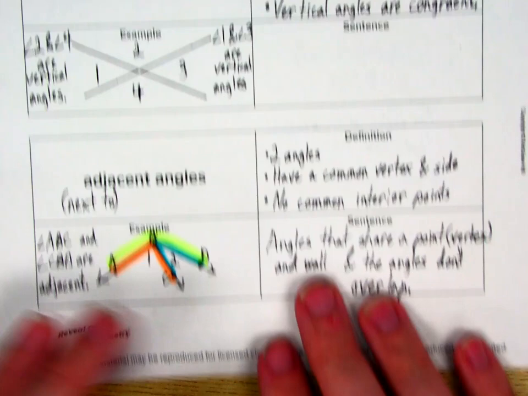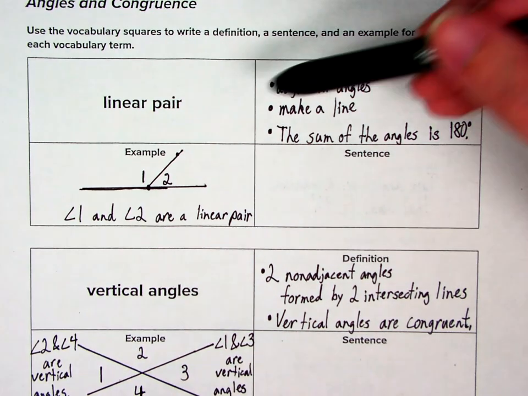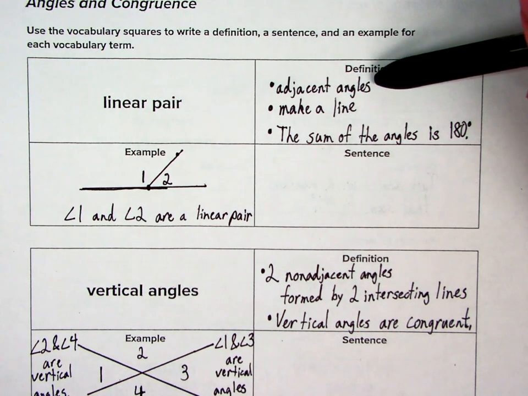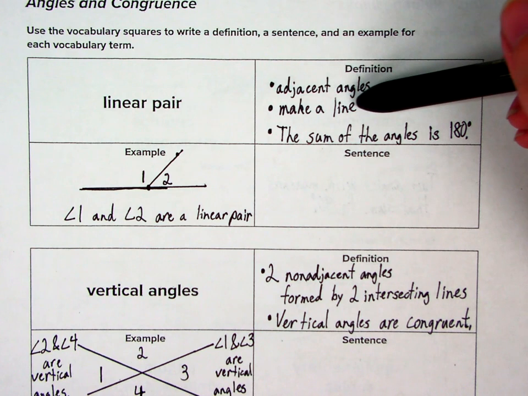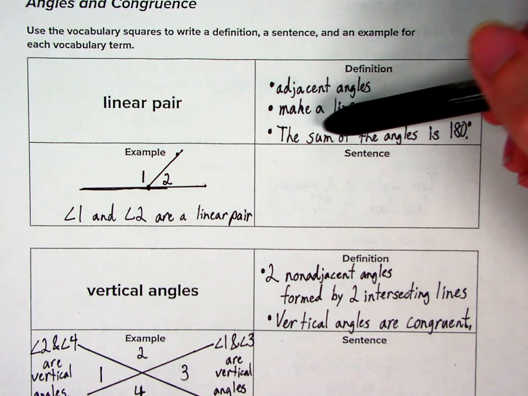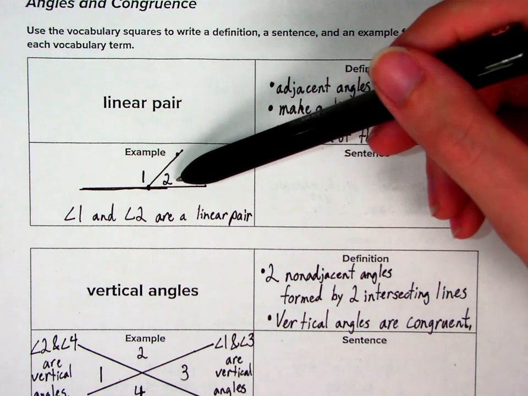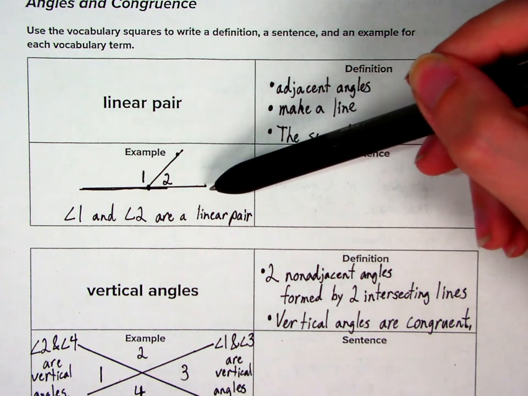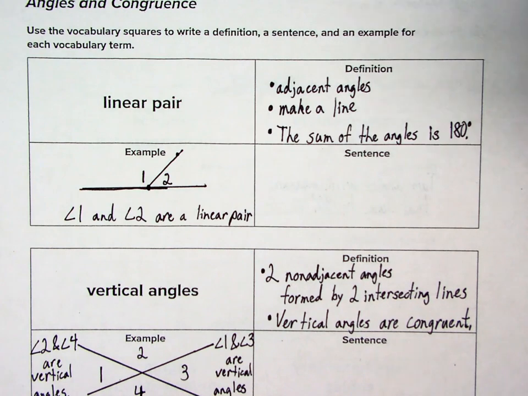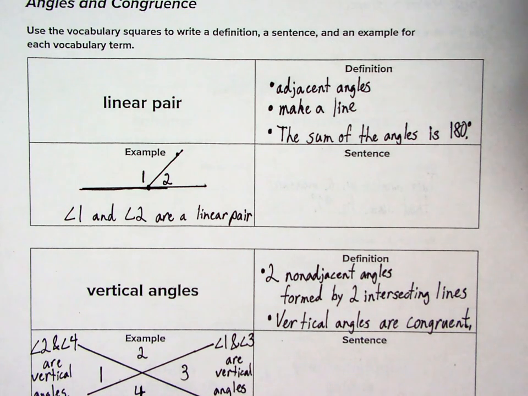From adjacent angles, we then talked about linear pairs. Our linear pairs are just adjacent angles, and they'll make a straight line. And they'll add up to 180 degrees. Here we see angle 1 and angle 2 are making a flat straight line here. So their angles have to together make 180 degrees.